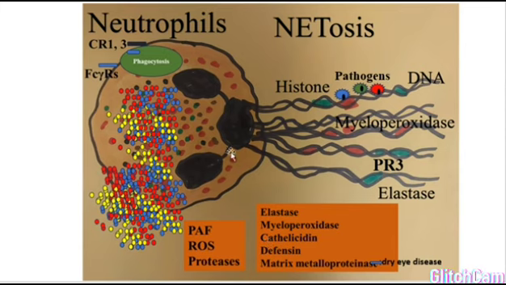The third way of killing pathogens by neutrophils is through extracellular traps. As can be seen here, neutrophils modify the chromatin, and then they produce some fibers or filaments.